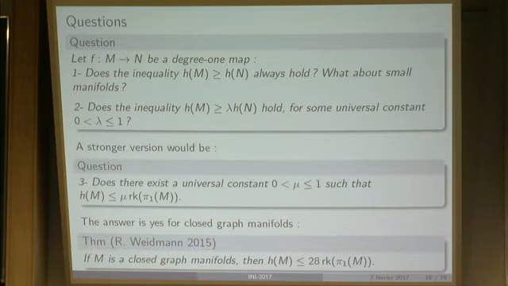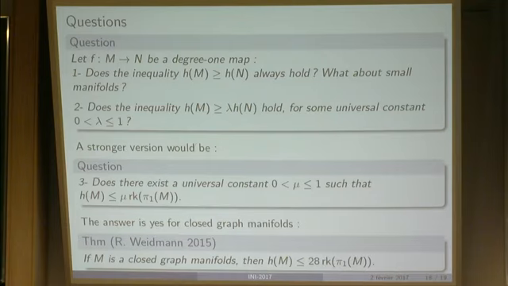Then here is for degree 1. Do you always have this inequality? This is perhaps more reasonable. Is it true that at least a part of the Heegaard genus of N survives? That is, is it true that the Heegaard genus of M will be bigger or equal to a constant times the Heegaard genus of N, and you want the constant to be uniform?